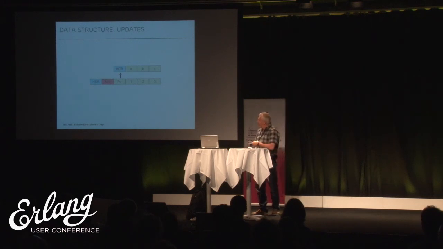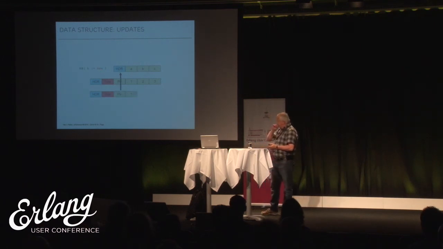So if you update a structure like that, for example, if you already have a map with A equals 1, B equals 2, C equals 3, and then you want to update the existing key B to the atom new as a value, then it goes like this. You make a copy of the value structure, and point to the same key description as before.